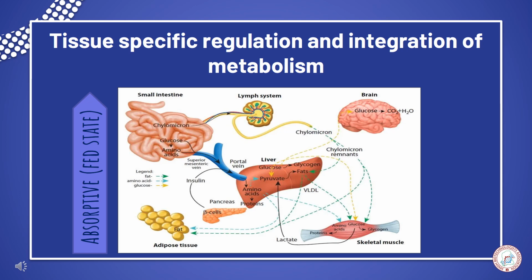Then in the skeletal muscles, the glycolysis pathway also happens in that tissue, and we have a lot of amino acids. All those amino acids are used for making the skeletal specific or tissue specific proteins.